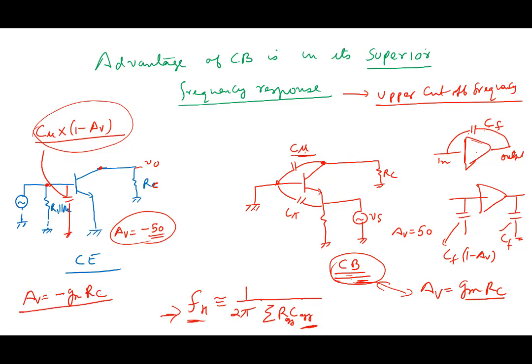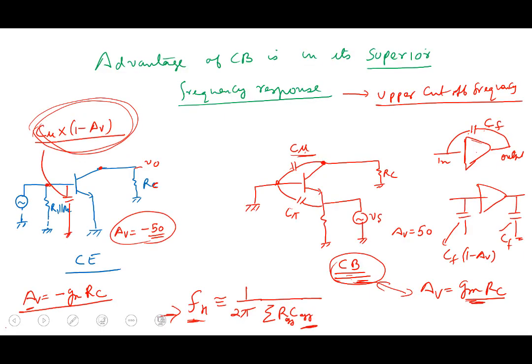So what you're saying is, here if you try to increase the gain, the capacitance also increases and frequency goes down. Here if you try to increase the gain, the capacitances are not increasing, to first order. So that's the superiority of a common base amplifier.